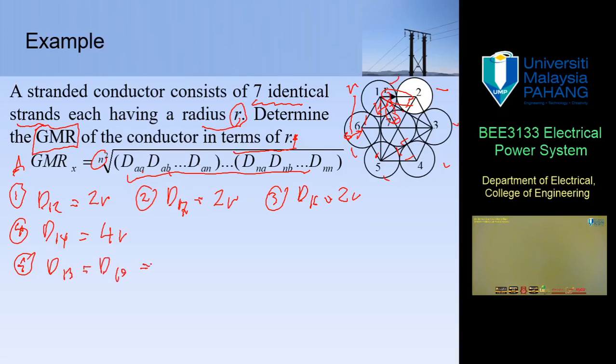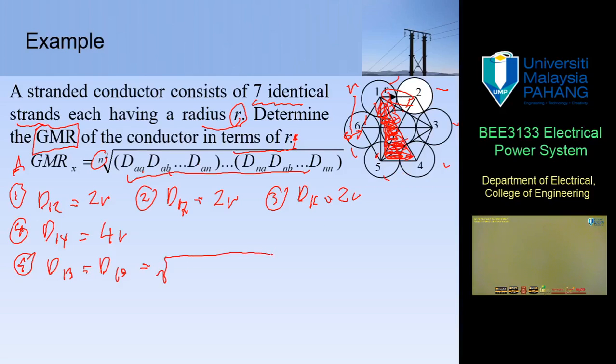Then, in order to determine the D15, use your basic trigonometry knowledge. This is the triangle. So we know already D14 and we know also D45.